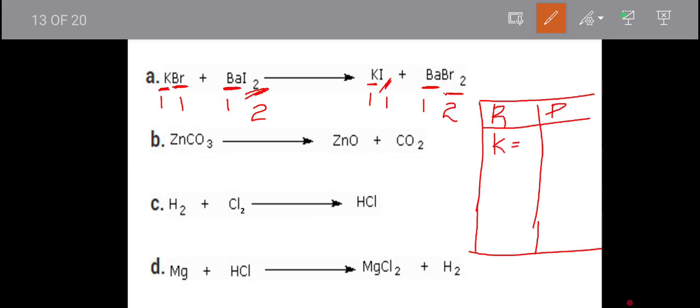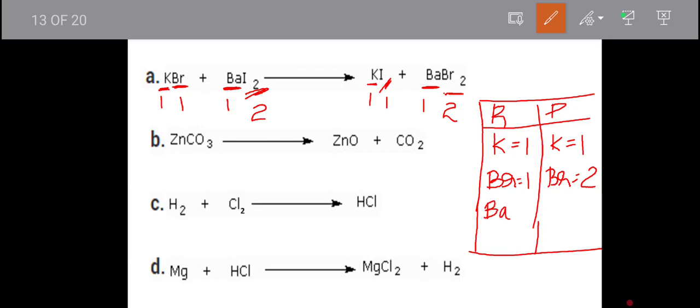How many potassium? 1, right? In the product case, how many potassium? Potassium is also 1. Next is bromine. How many bromine on the reactant side? 1. What about the product side? On the product side you will have 2 bromine.